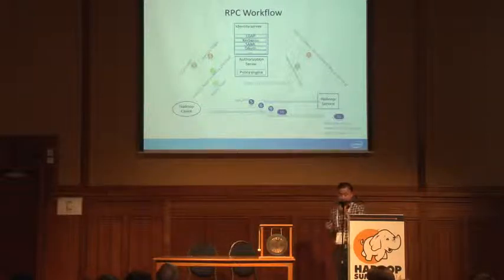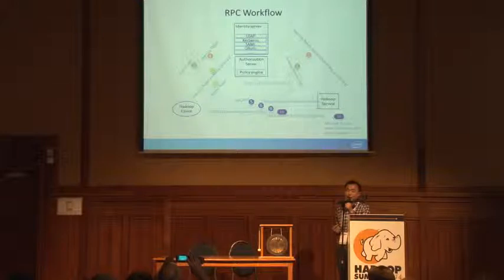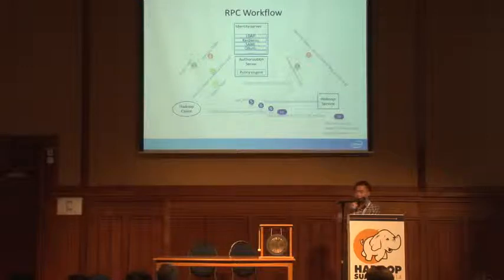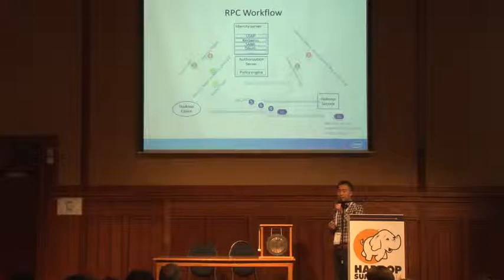Okay. In this workflow, we can see the client needs to get the identity token firstly, and then get the access token. By default, the identity token and the access token are both tokens, and they have a lifetime. By default, the lifetime of the identity token is 24 hours, and the lifetime of the access token is 5 minutes.